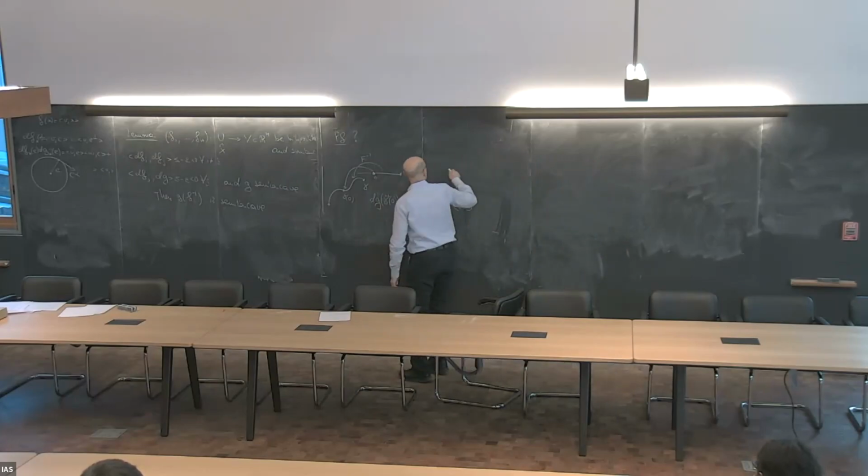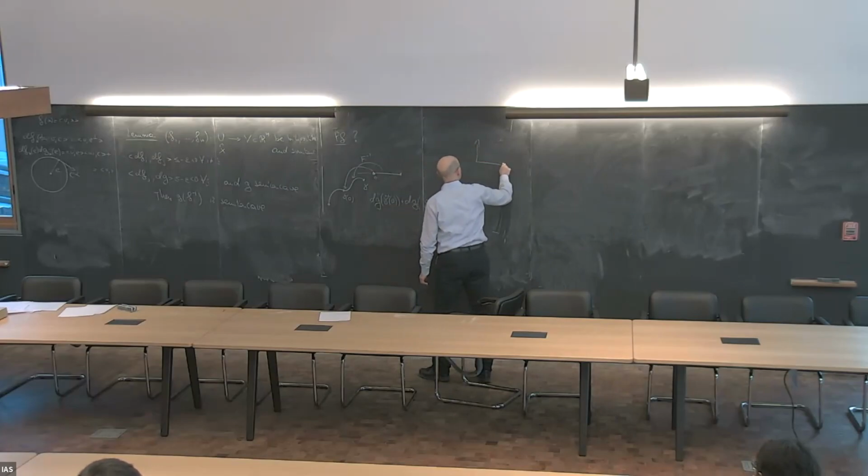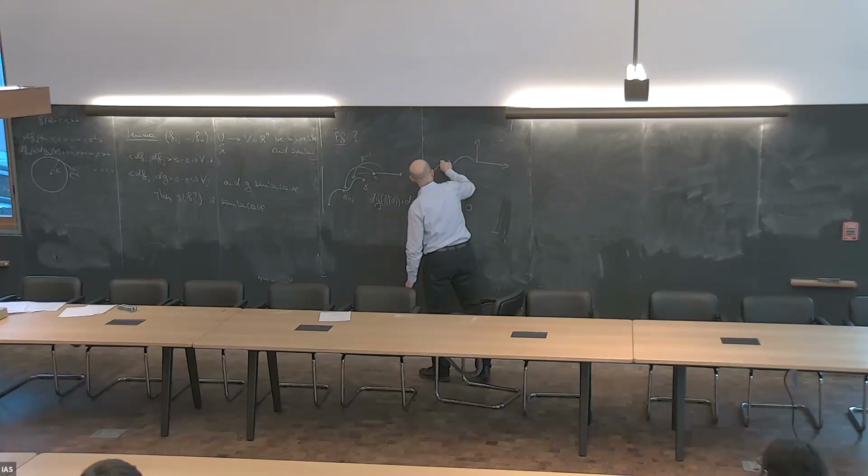So somehow, if you remember my picture before, I was using this tangent over here. Then I was using the fact that, okay, so here is gradient of F2. Here is gradient of F1. And I was using that this guy is over here.